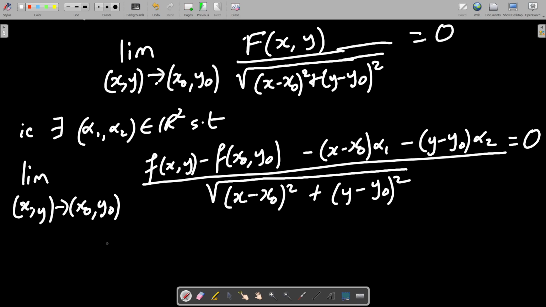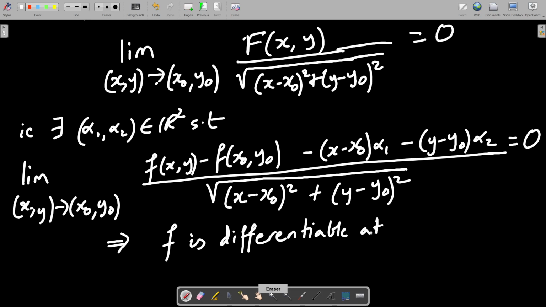So what do we conclude from this? This implies that f is differentiable at (x naught, y naught).